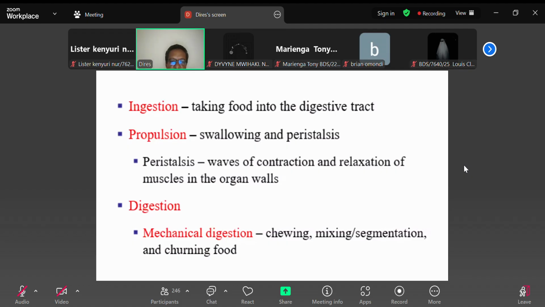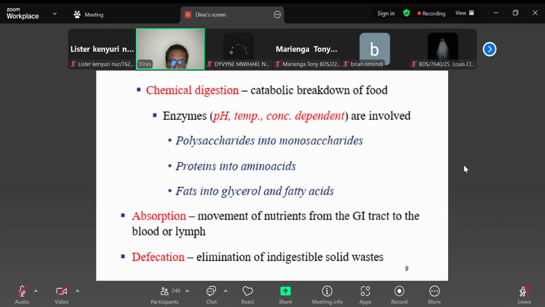Let me explain to you the difference between mechanical and chemical digestion. In mechanical digestion, as I've said, only the size changes. But in the case of chemical digestion, the nature of the food is changed. Breakdown of the food. Enzymes are involved.